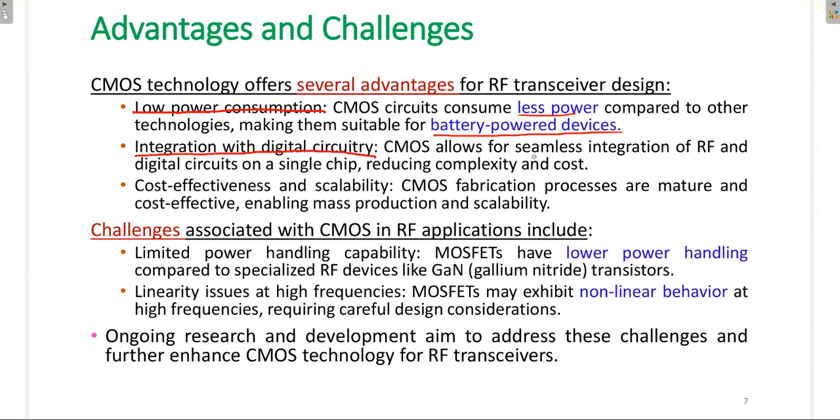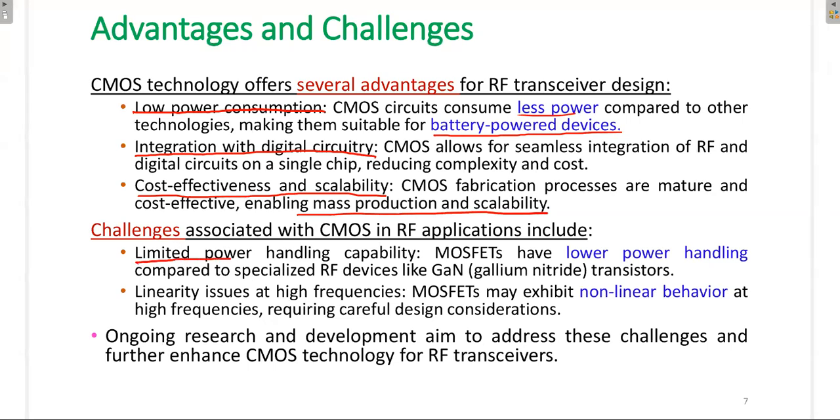So it provides seamless integration of RF and digital circuits on a single chip, reducing complexity and cost, and providing scalability. Nowadays the CMOS fabrication processes are mature and cost effective, so that we can very easily do mass production and scalability.